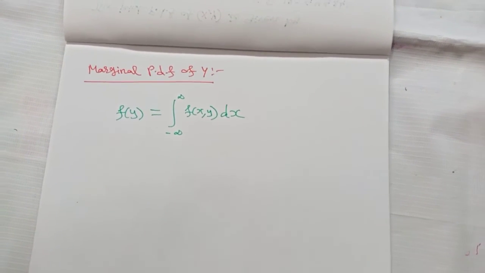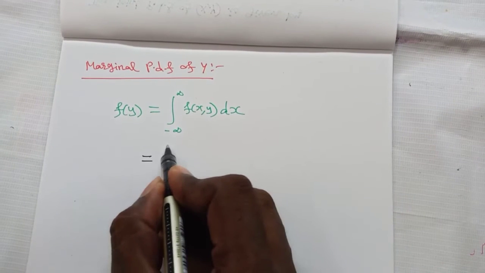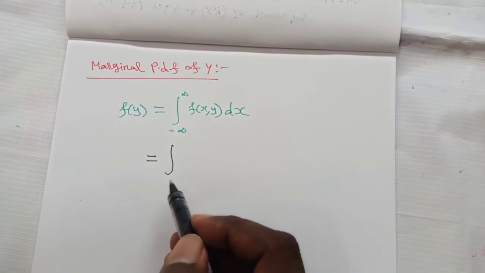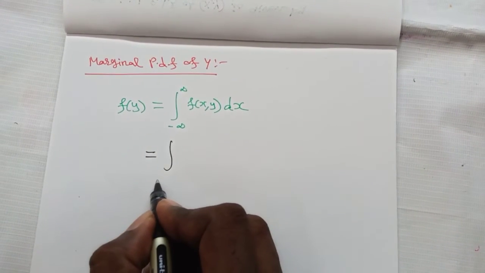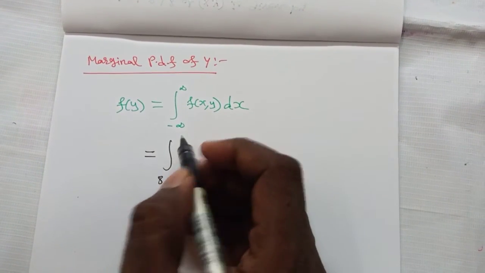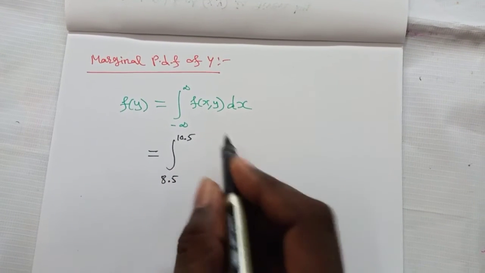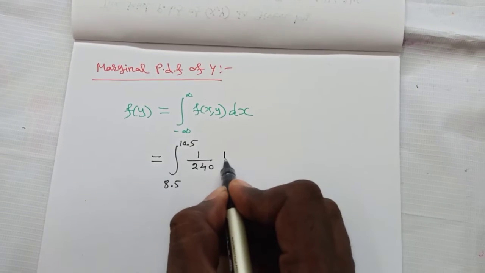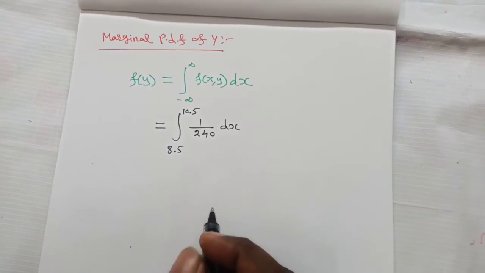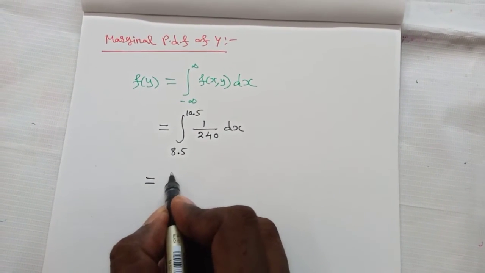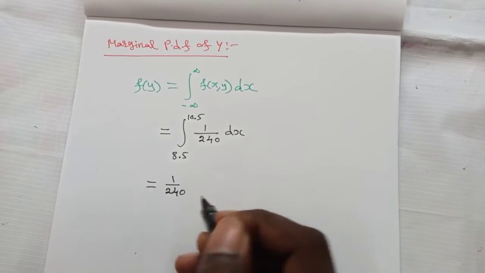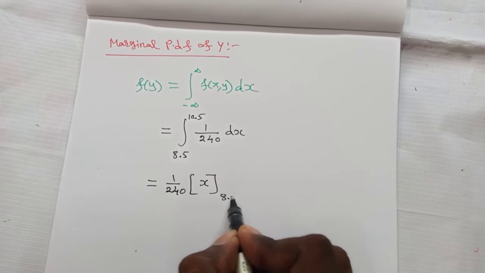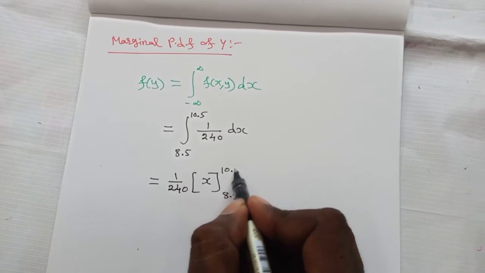Okay, now to evaluate this integral, this is integration with respect to x. So we have to substitute the limit for x. X limit is 8.5 to 10.5. F of x comma y is 1 by 240 into dx. Here 1 by 240 is a constant, so we can take it outside, and the integration of dx is x with the limit 8.5 to 10.5.